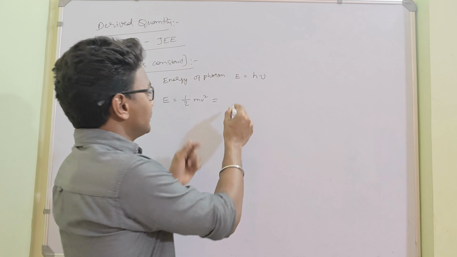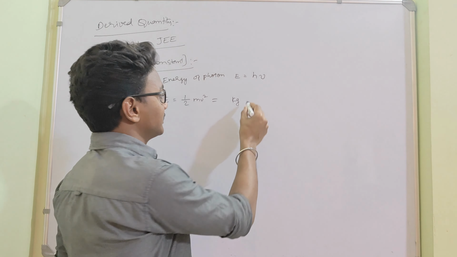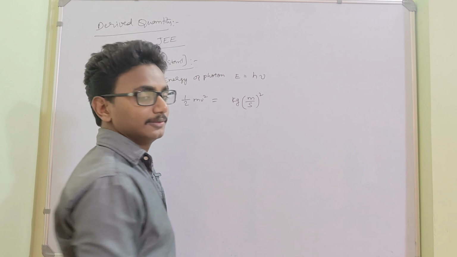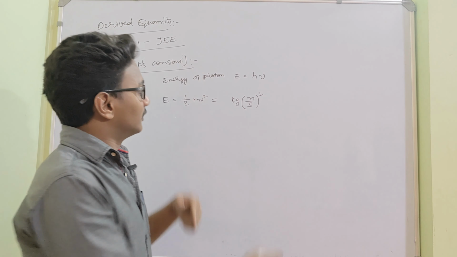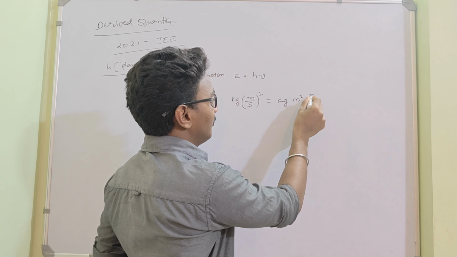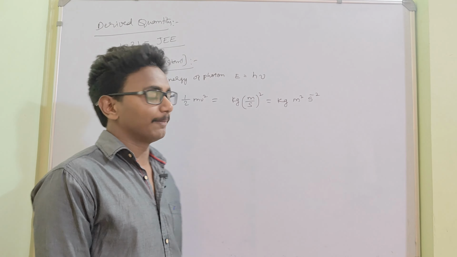SI unit of mass is kg. SI unit of velocity is meter per second, so (meter by second) whole square. Then it will become kg meter square second power minus 2. These are the units of energy.